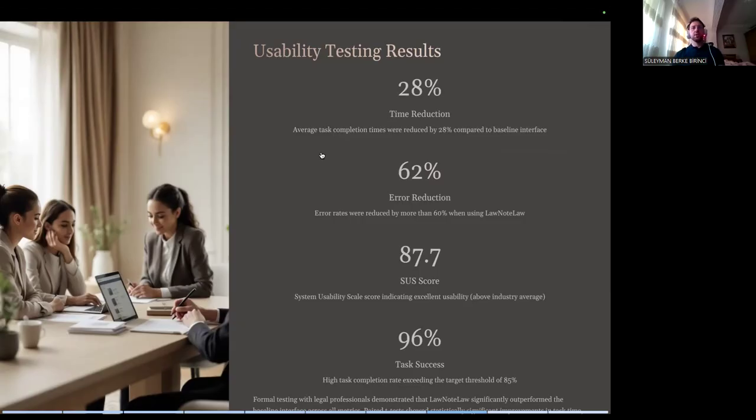The system received a System Usability Scale score of 78.7, which is considered excellent and above the industry average. Most importantly, the test success rate was 96%, which is much higher than the target of 85%. The results show us Lawnotelaw is an easy to use, efficient and helpful system for legal professionals.